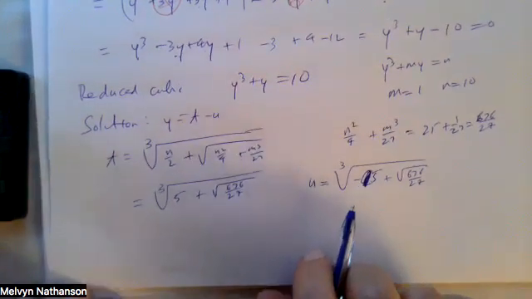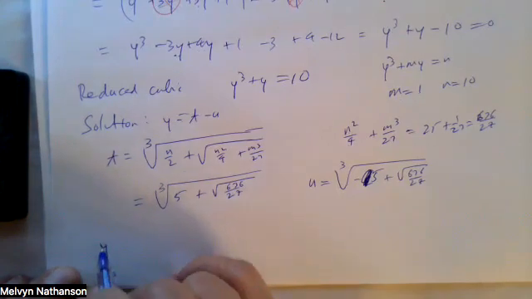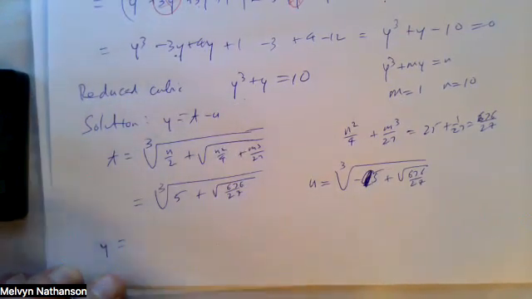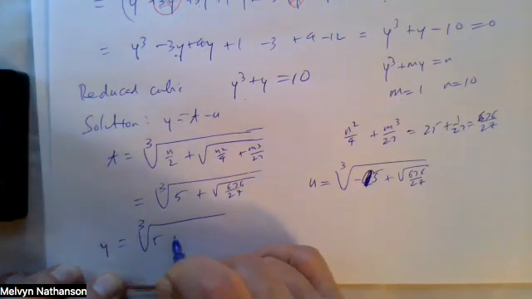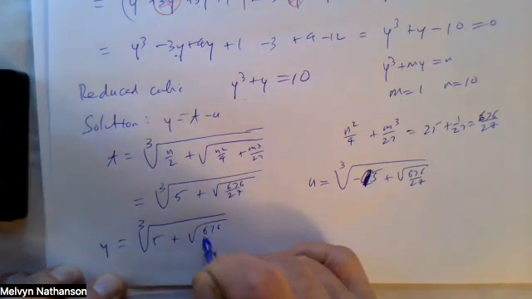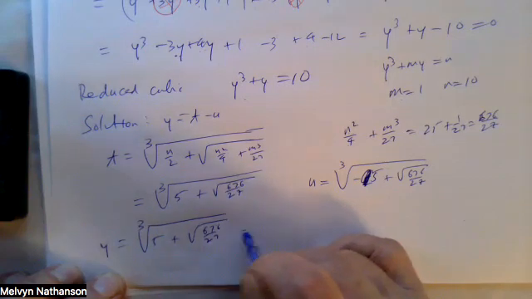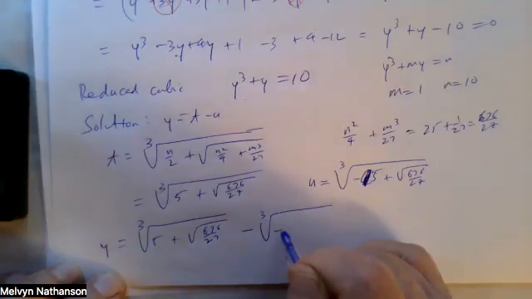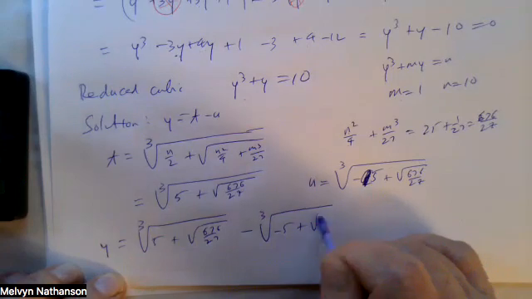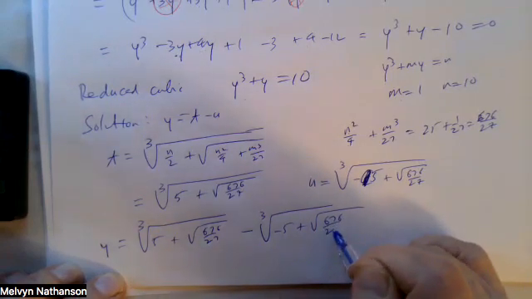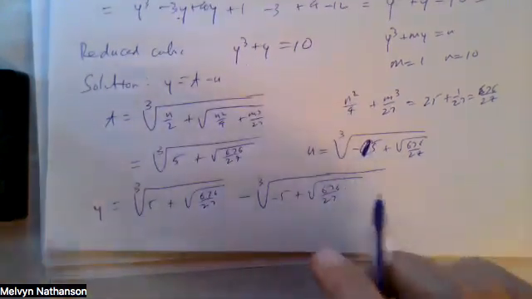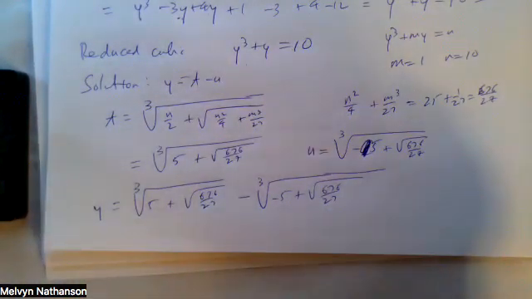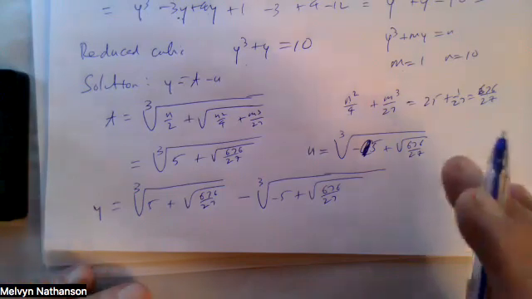So we get the answer. Y is the cube root of 5 plus the square root of 676 over 27 minus the cube root of minus 5 plus the square root of 676 over 27. And so that is the answer. That is exactly the answer.